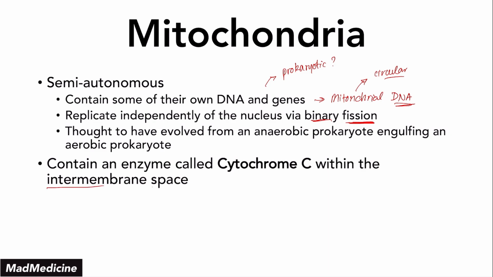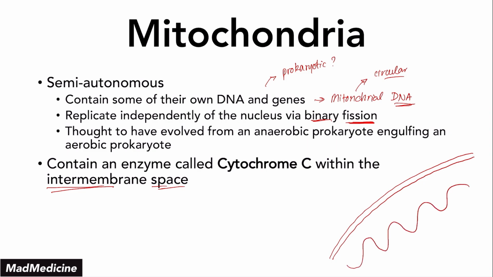the intermembrane space. So if you don't remember, let's say this is the mitochondria. This is the outer membrane, okay, and this is your cristae. This is the outer membrane. This is the intermembranous space.